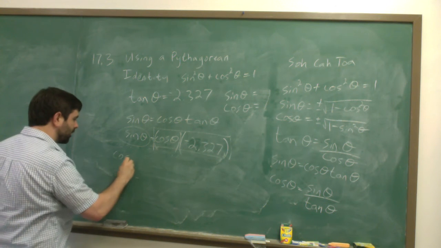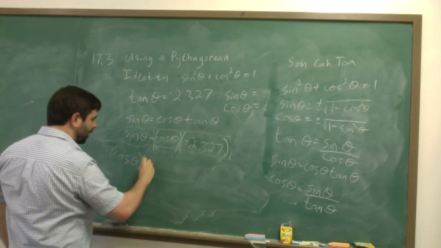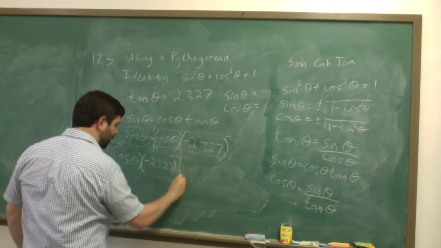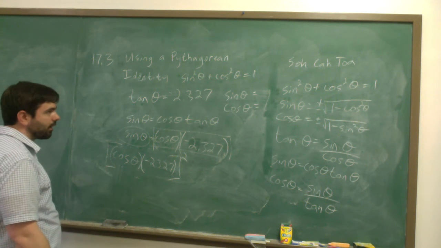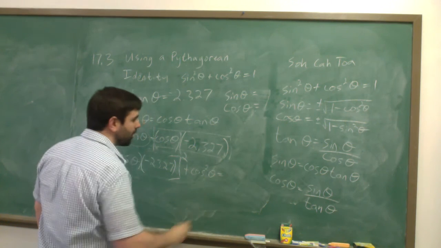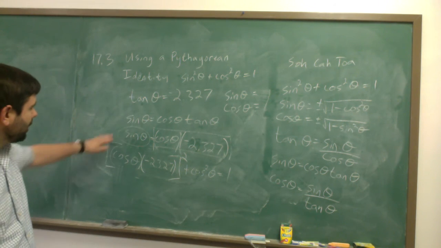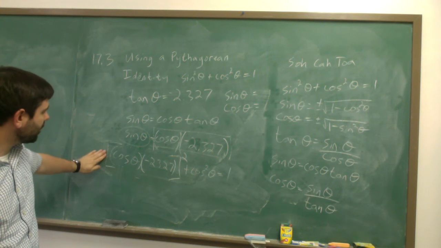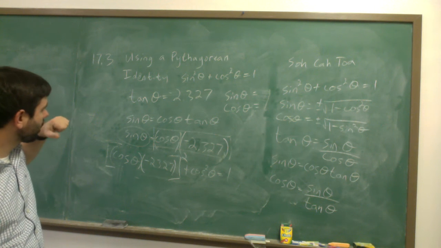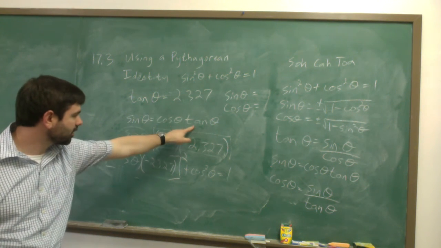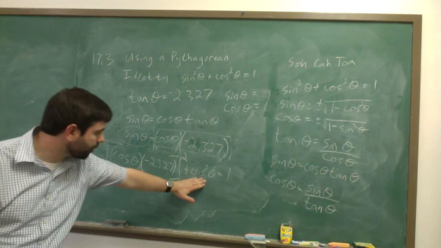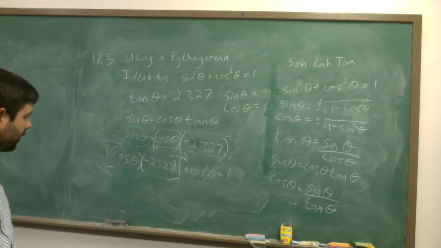We're going to have cosine theta times negative 2.327, squared, that's all sine theta squared, plus cosine squared theta equals 1. Notice what we did here is we've eliminated our tangent. We've just got sines and cosines. So we put our sine in terms of cosine, plugged in our number for tangent, and now that is our sine. So we have sine in terms of cosine, and then a cosine over here. It's essentially just one variable. So that's kind of nice.